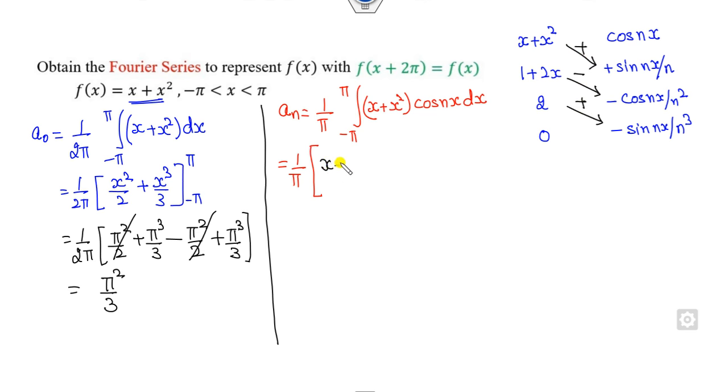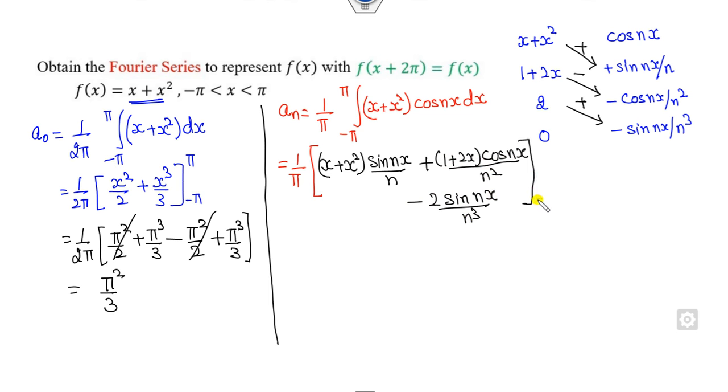So it is x plus x square times sin nx over n, minus 1 plus 2x times cos nx over n square, minus 2 sin nx over n cube, from minus pi to plus pi. So if I substitute plus pi, sin n pi will be 0, the first term will be 0. It is 1 plus 2 pi, minus 1 raised to power n over n square. Sin n pi is again 0.